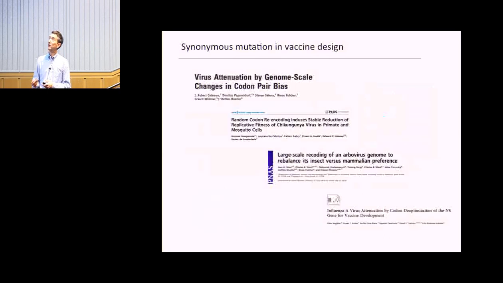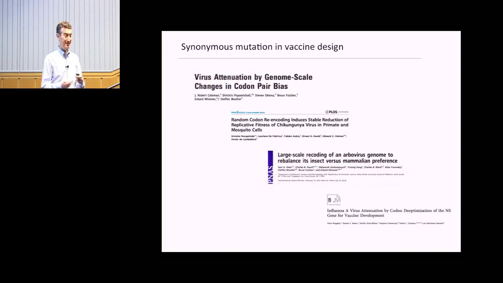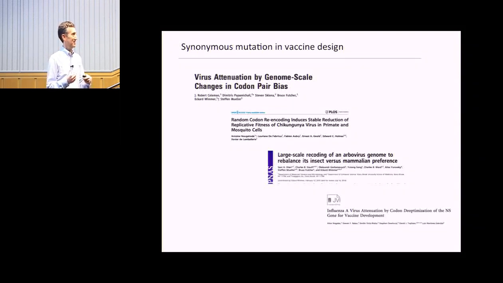Well, there's been a number of papers where synthesized synonymous altered viruses have been used in vaccine design. Initially in polio and now in flu, VSV, dengue. And the idea is you're altering its genome, you're taking a sledgehammer to its genome and changing the way it replicates because you're altering all these things that are probably important for replication and gene expression.